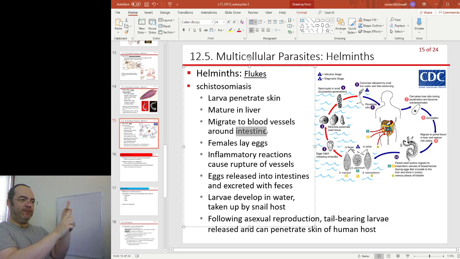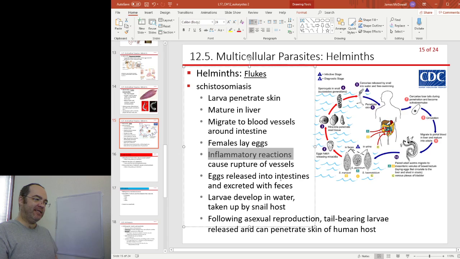The female lays eggs in the blood vessels, and this is where this worm is pretty tricky. The worm relies on our inflammatory response to come along and damage the blood vessel, and for the eggs to be able to leave the blood vessel and enter the intestine.